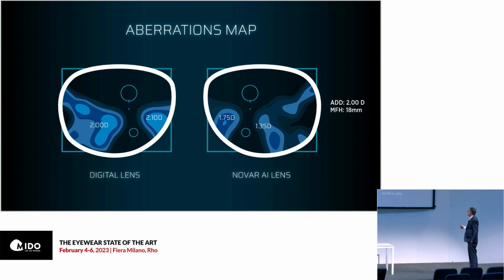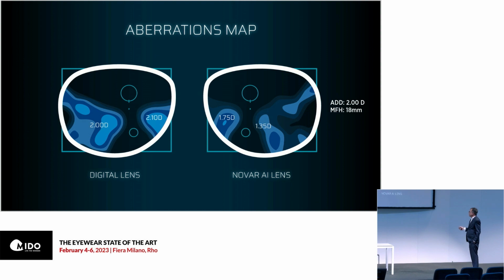And this is one of the results for the evolutionary algorithm: 1.75 in the nasal area, which is normally higher because everything is compressed, and 1.35 here on the temporal side. I don't know if it's clear. Maybe it's too bright here in the room.